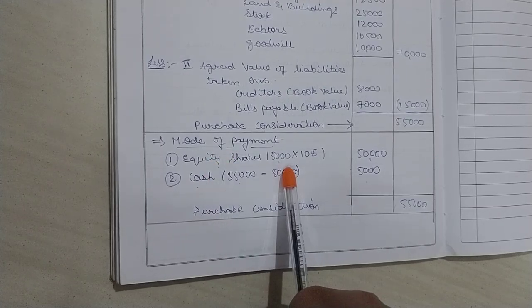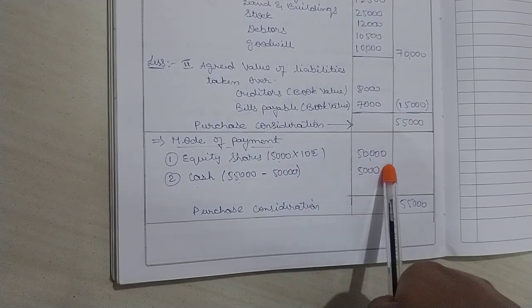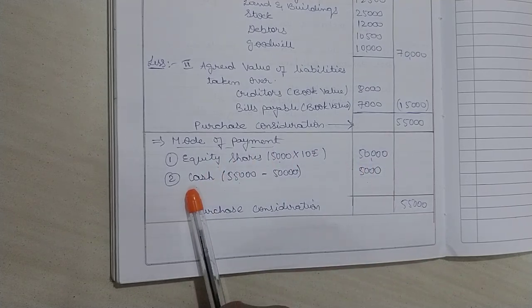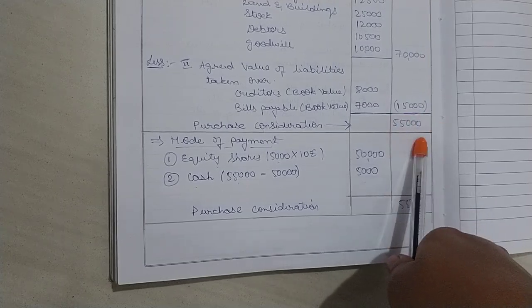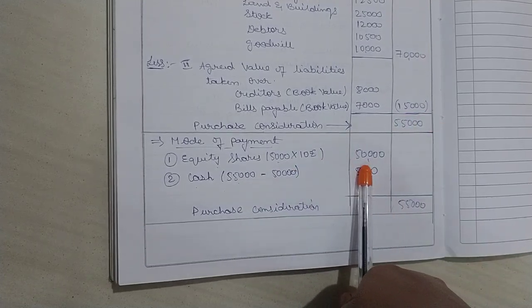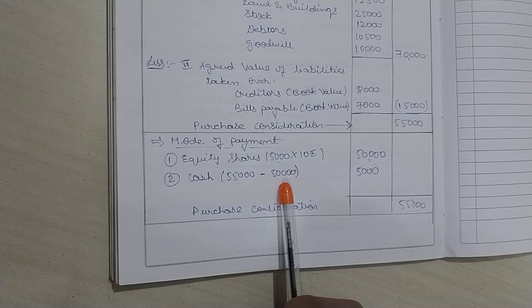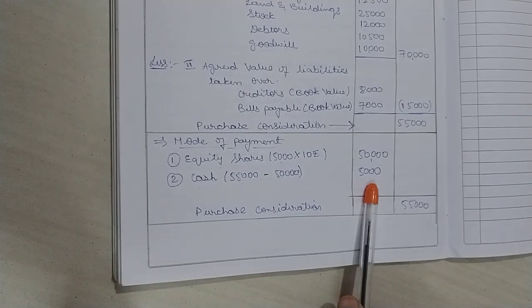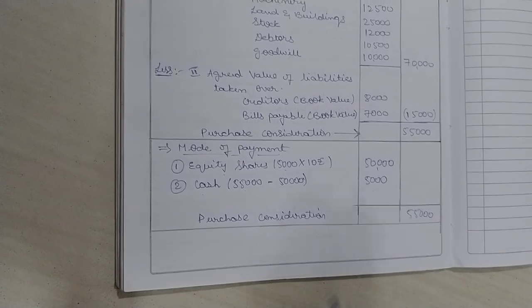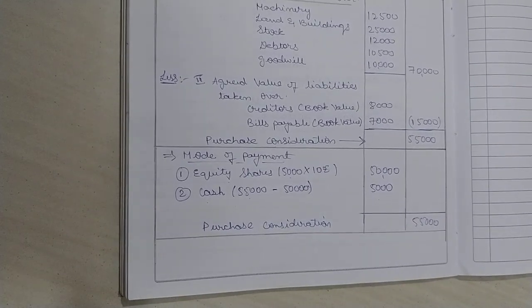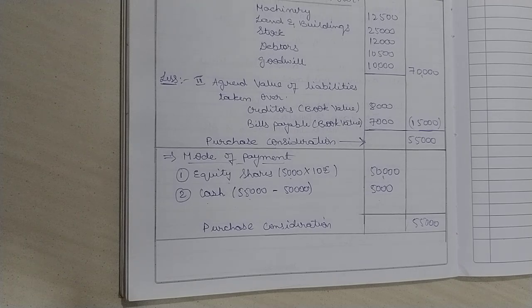Equity shares, 5,000 shares into 10 rupees each, 50,000. The remaining amount is settled in cash. That means 55,000 total purchase consideration minus 50,000 worth of equity shares, so 5,000 in terms of cash. So total purchase consideration is 55,000. This is how you calculate purchase consideration under the net assets method.